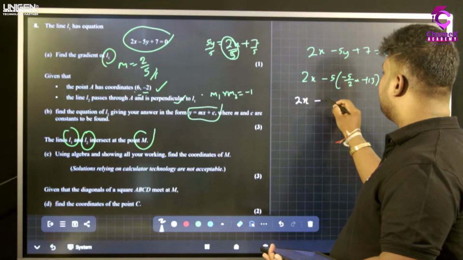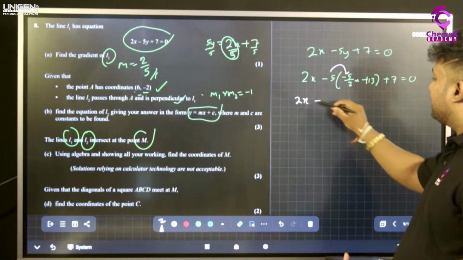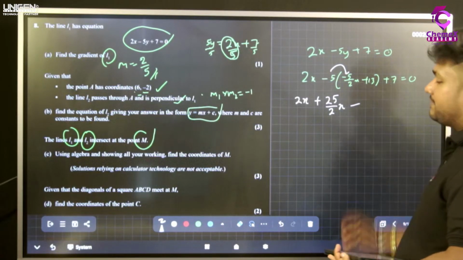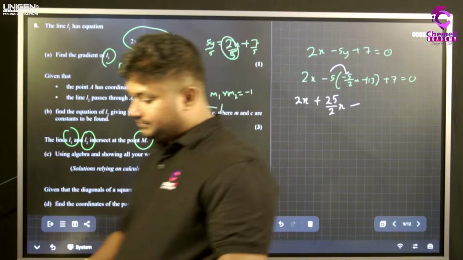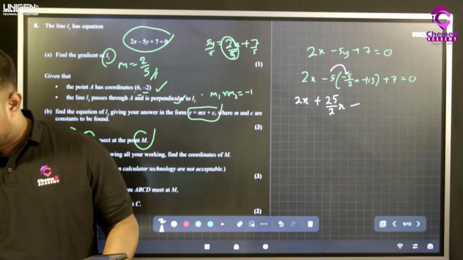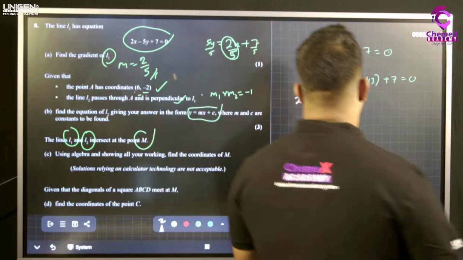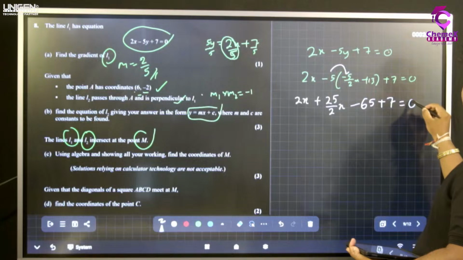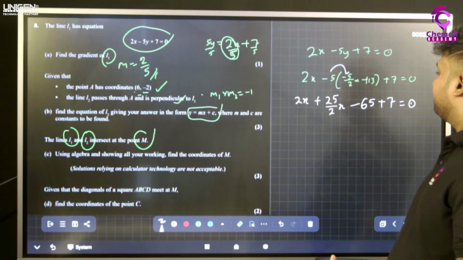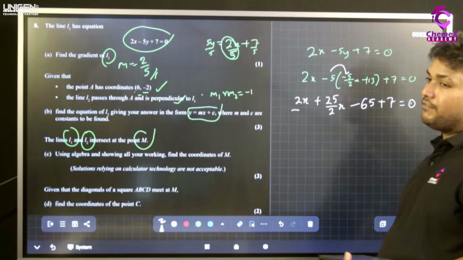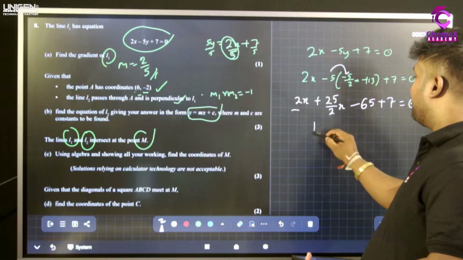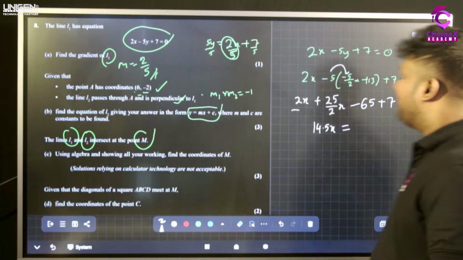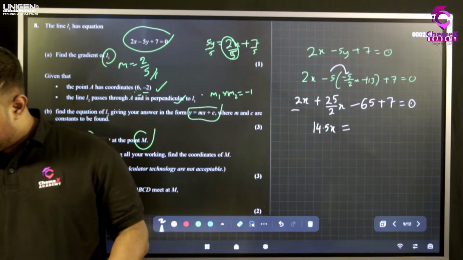2x minus 5 into this, plus 25 over 2x, minus, what is 5 into 13? 65. Then what is 2 plus 12.5? 14.5. So 14.5x equals minus 65 plus 7.